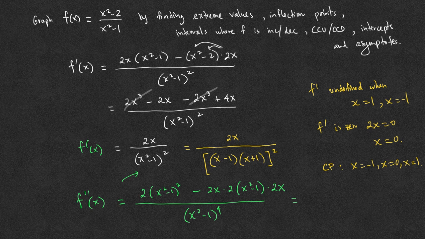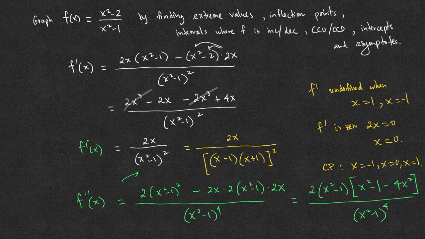We can distribute it, or we can factor out a factor of 2 and a factor of x squared minus 1. What we have left in the first term is a factor of x squared minus 1, and since we factored out 2 already, there's still 4 left in the second term, and so this is negative 4x squared. The denominator is x squared minus 1 to the fourth.